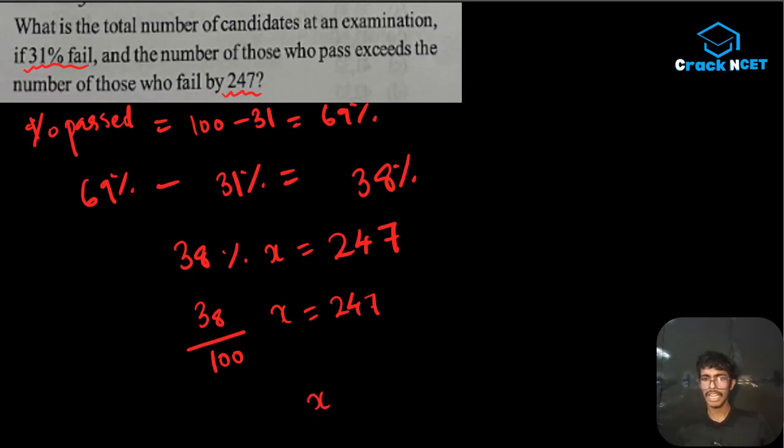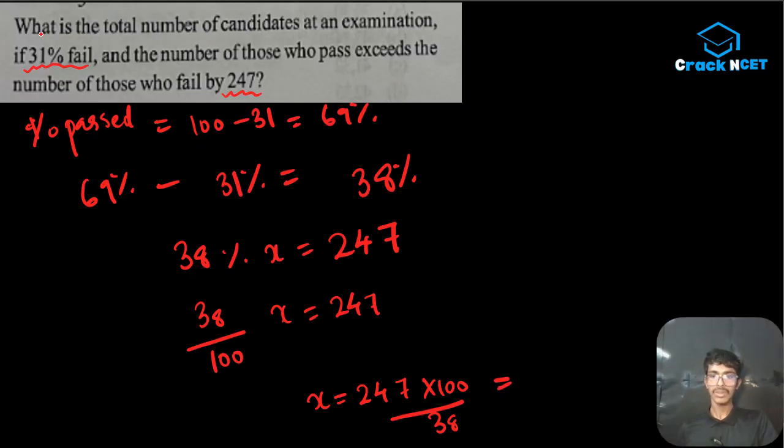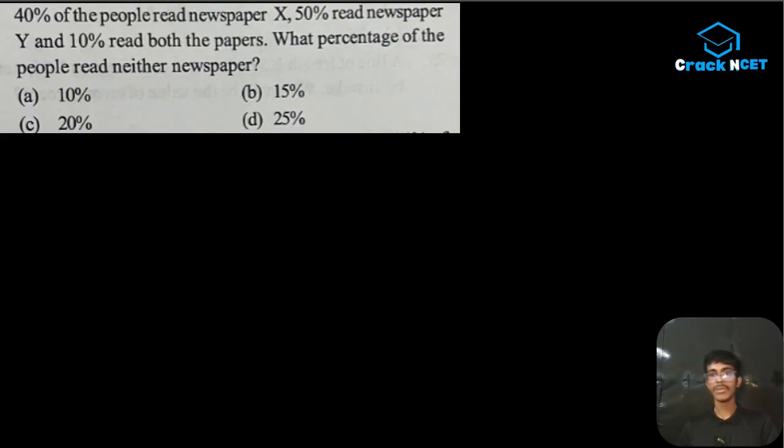So what is going to be the value of x? x is equal to 247 into 100 by 38. So after solving this, you will get 650 as the value. Okay.